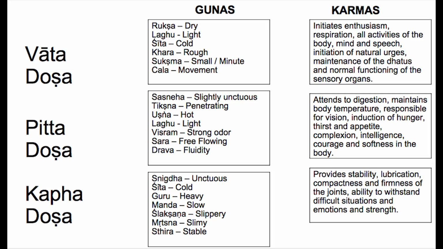So the specific karmas or functions of the Pitta dosha are: it attends to digestion, it maintains the body temperature, it's responsible for vision, induction of hunger, thirst and appetite, complexion, intelligence, courage, and softness in the body.